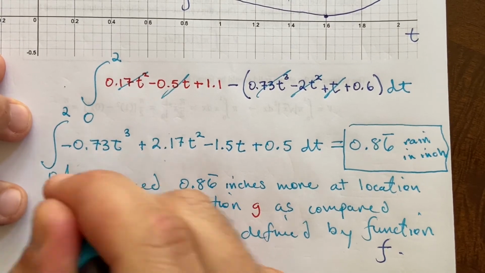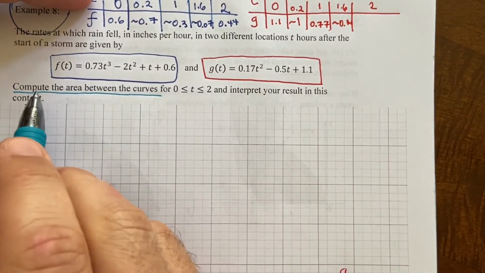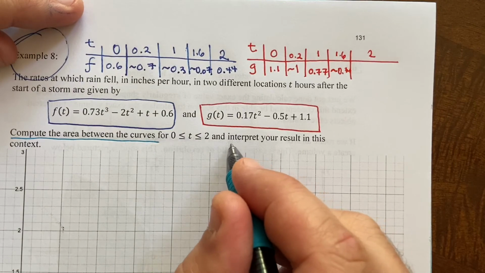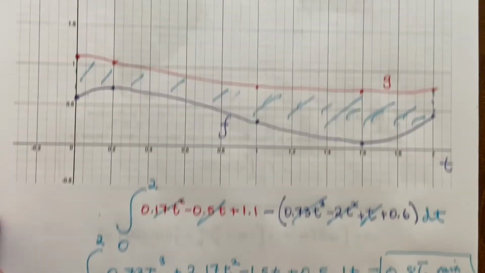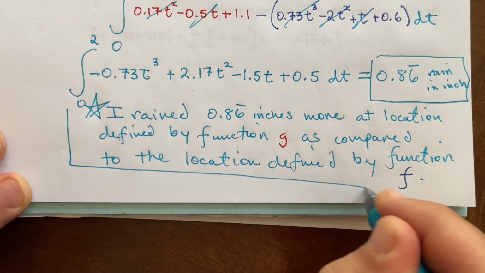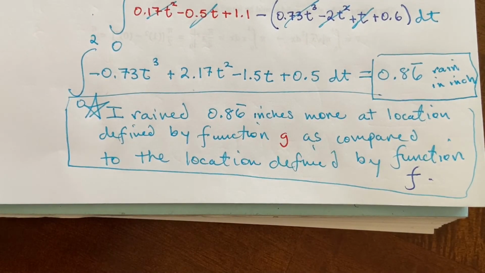So that interpretation is needed also, right? We were to compute, that's the number, and then we were to interpret, and that's all these words.